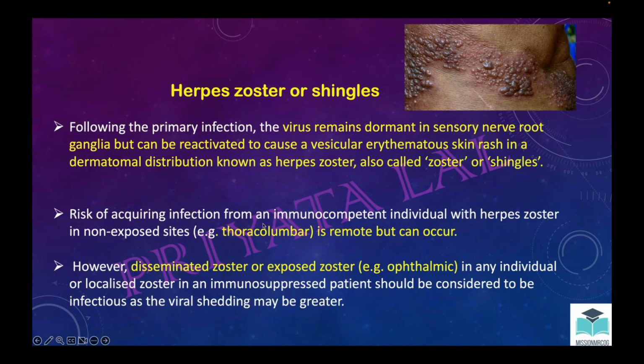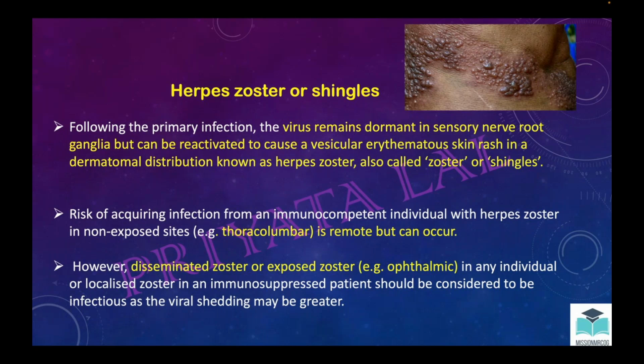When herpes zoster occurs, it is a secondary infection. The person would already have antibodies. But if it occurs in a non-covered area, then spread can also occur, such as thoracolumbar. And in immunosuppressed persons, such as ophthalmic, even disseminated infection can occur.